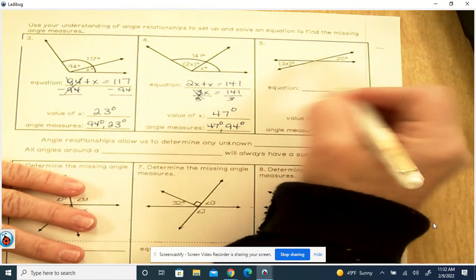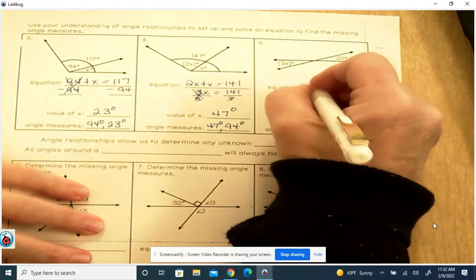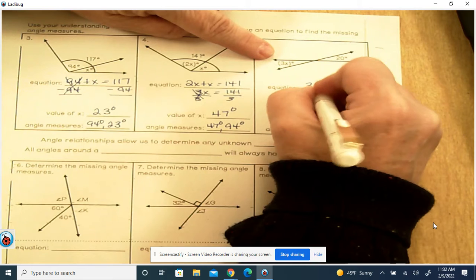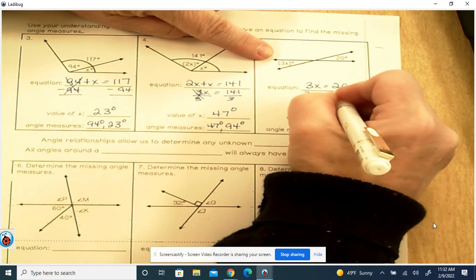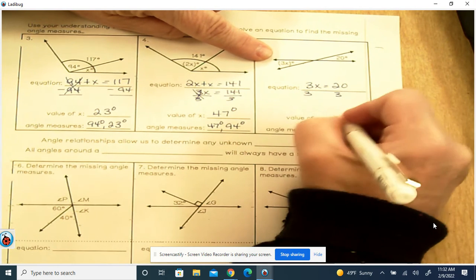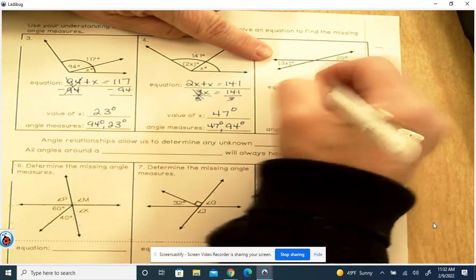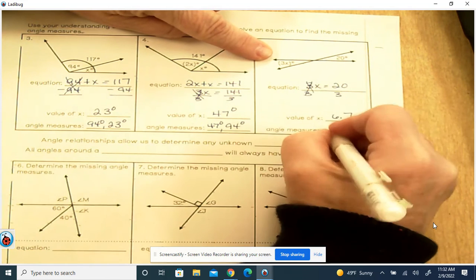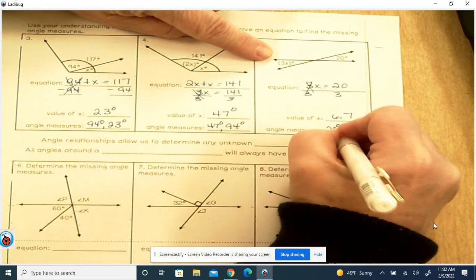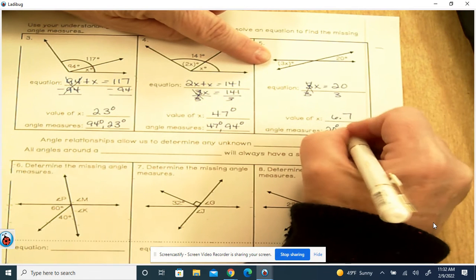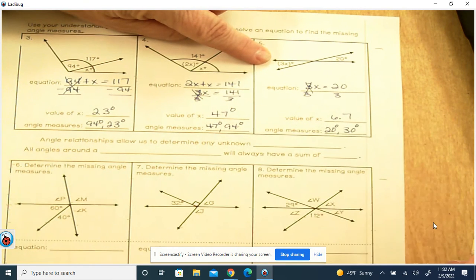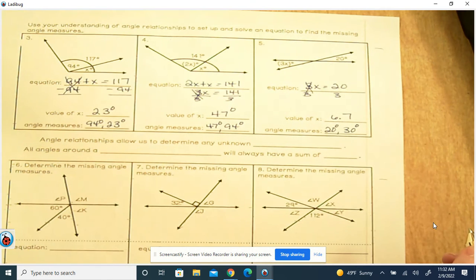All right, these are vertical. So we would set them equal. So we would say 3x equals 20, divided by 3. X equals 6.7, cancels out. So we've got a 20 for one of the angles, and then 3 times 6.7 is 30. That's your two angles there.